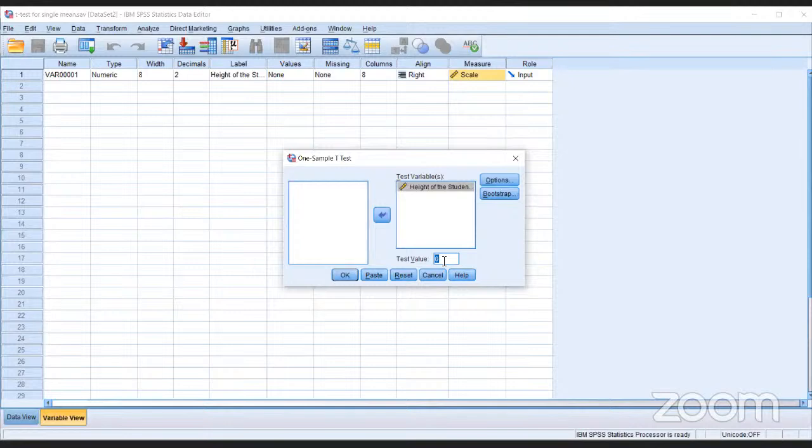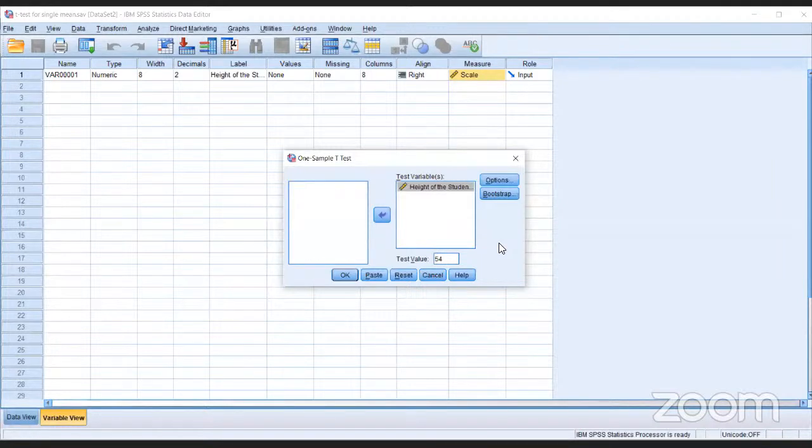What is this? 54. There you have to give 54, the test value. That is the cutoff point given by the school, 54 inches, so I have entered 54 here. Are you understanding this, or can I do it one more time? Does anyone still have a doubt?